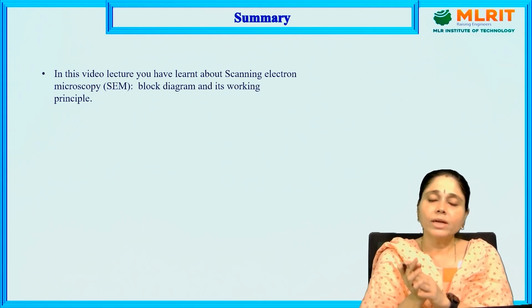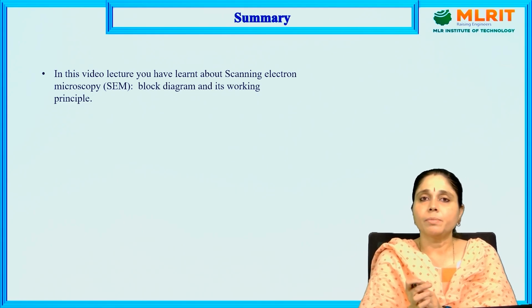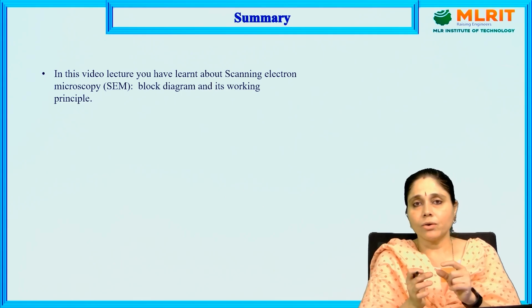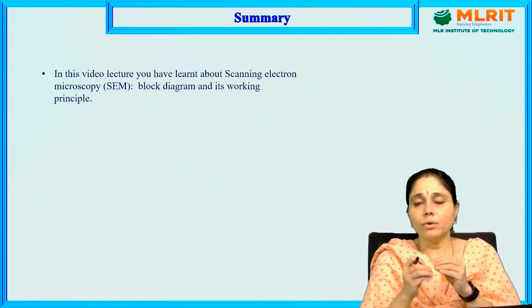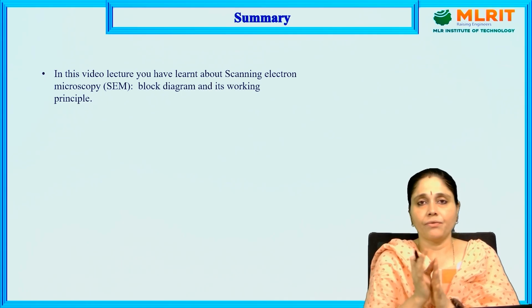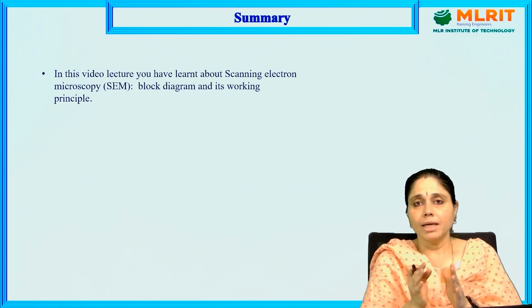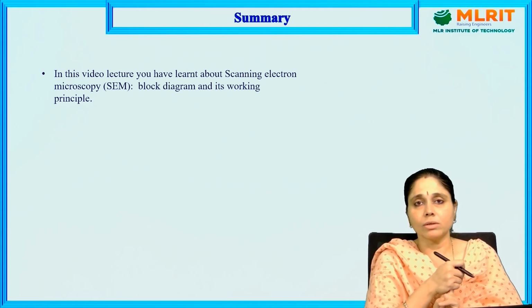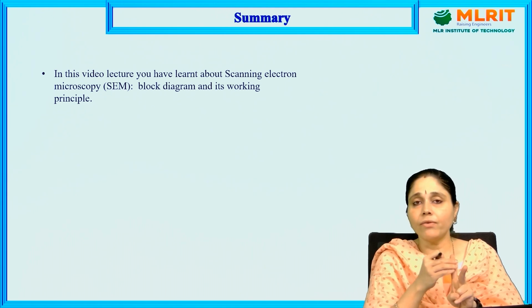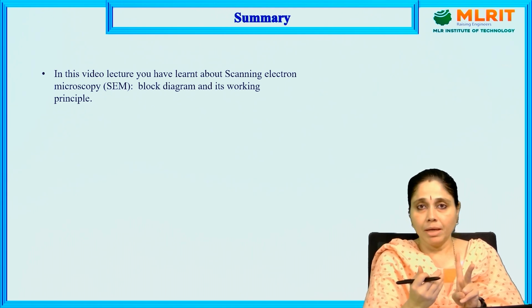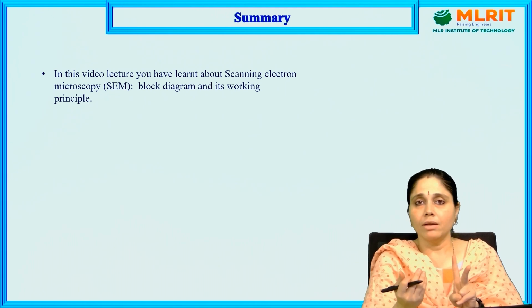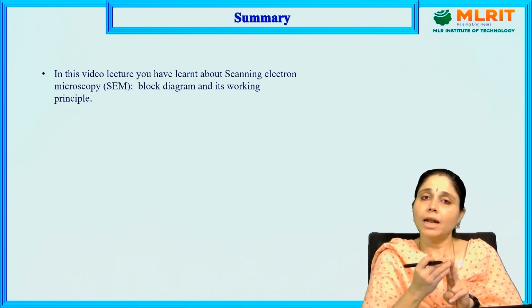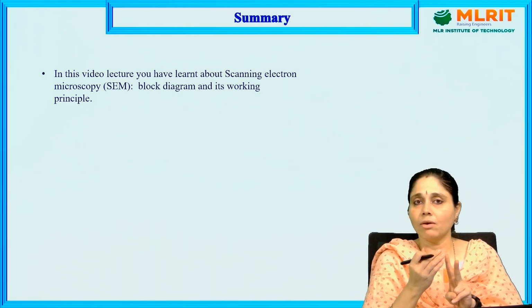Now, what is the working principle? The incident electrons take some electrons from the surface, and they produce secondary electrons and backscattered electrons. Secondary electrons are generated from the surface of the specimen or surface of the material, whatever it may be. Material and specimen are one and the same.